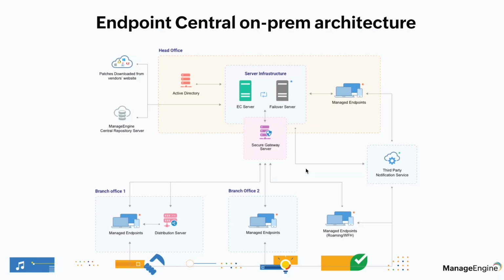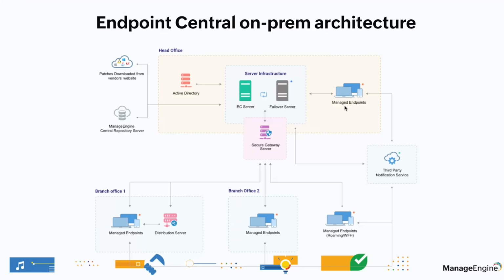When you go for Endpoint Central on-prem, you will get software from us, and you will install that on any machine, which is going to act as the Endpoint Central on-prem server, right? Then you can download the agent. Because Endpoint Central is an agent-based solution, you download a lightweight agent from your Endpoint Central instance and then install that on your client in order to manage it.